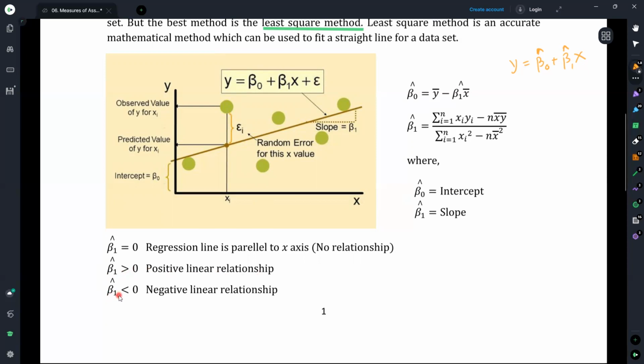If beta 1 hat is a negative value, which is less than 0, then there is a negative relationship among the variables. That is how we comment on the relationship among the variables based on the value that we get for beta 1 hat, the slope parameter.